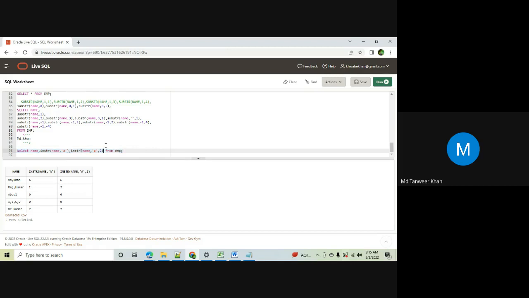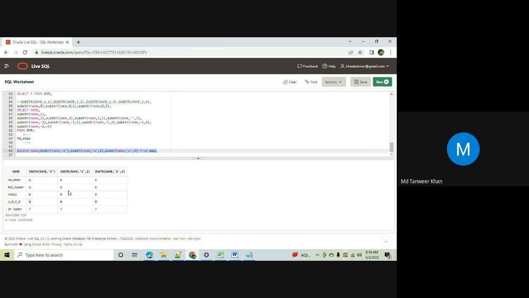This is a very, very confusing concept. 3, 6, 8, 0, and all these things are coming. Here these all are 0, 0, 0, so it is working from right to left, so it cannot be identified.